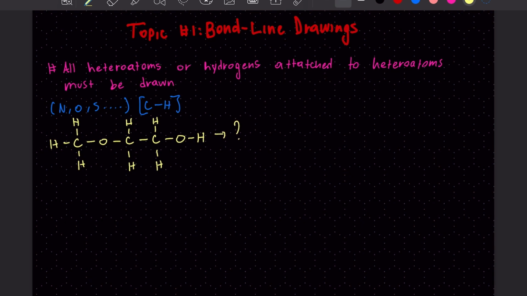So how will we draw the bond line for this? We can use the same steps that we've learned before, like numbering our carbons in the longest carbon chain. So we know that this will be carbon number 1, carbon number 2, and carbon number 3.